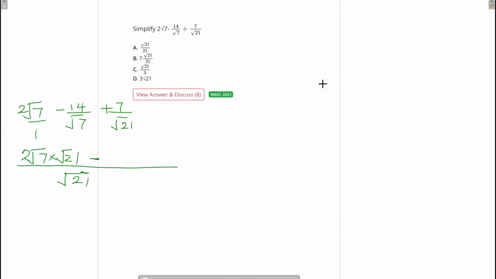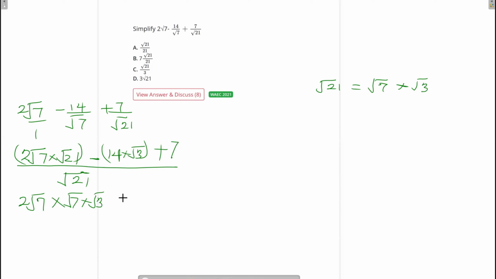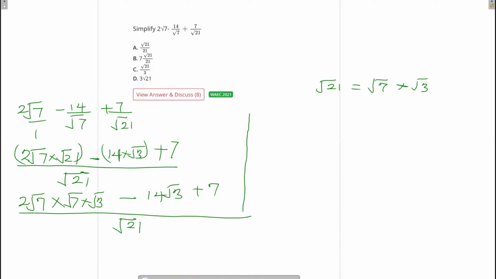Now in root 21, how many root 7 can we get? Don't forget, root 21 can be written as root 7 times root 3. So if we take away the root 7, we have root 3 left. That will be 14 times root 3, plus root 21 becomes 7. 2 root 7 times root 7, that's 2 times root 49.